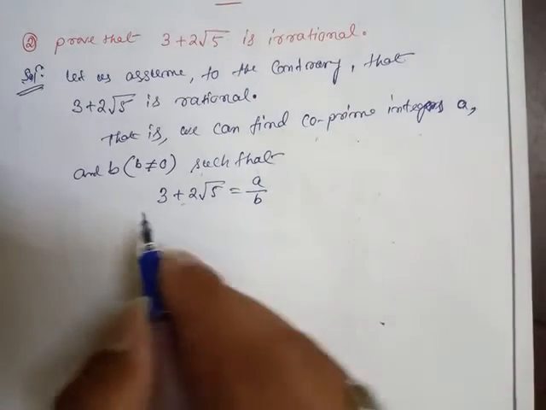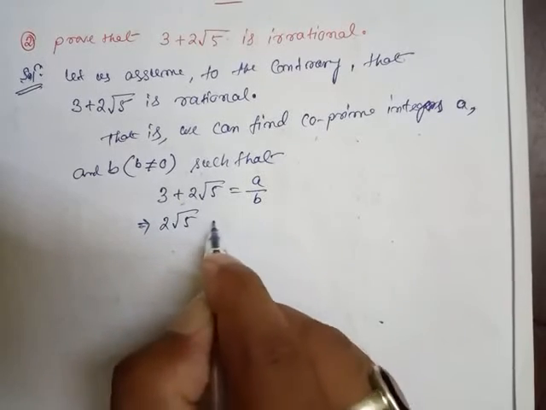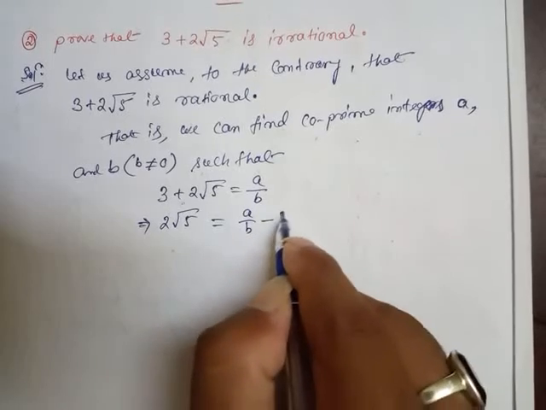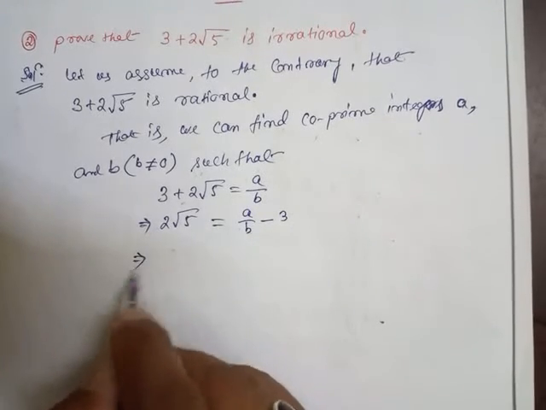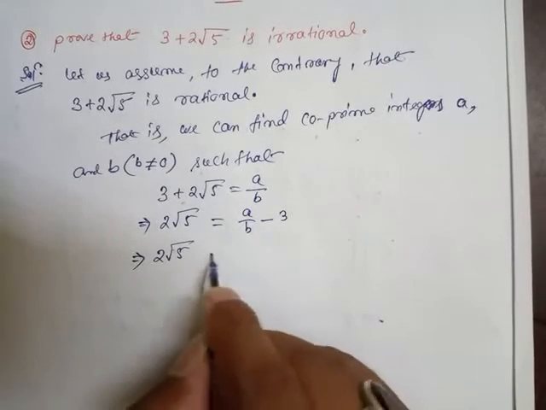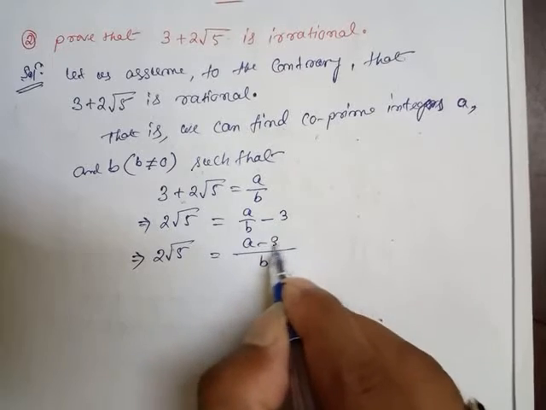Now in the next step, student, here 2 root 5 will stay on the left-hand side and A by B on the right, and take 3 to that side, becoming minus 3. Now if we take the LCM, 2 root 5 will be here and B is the LCM, then A minus 3B.